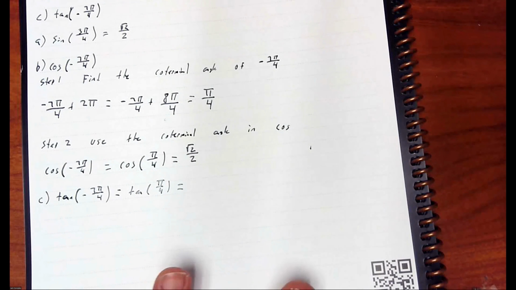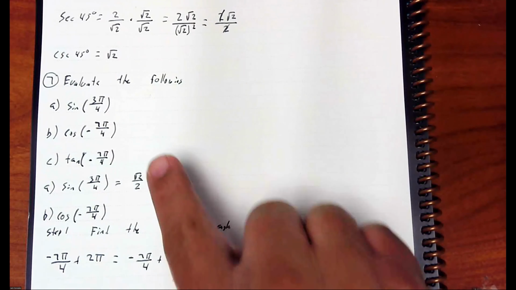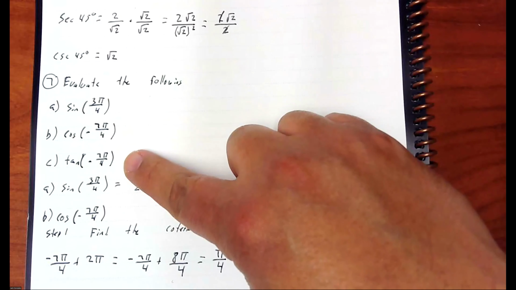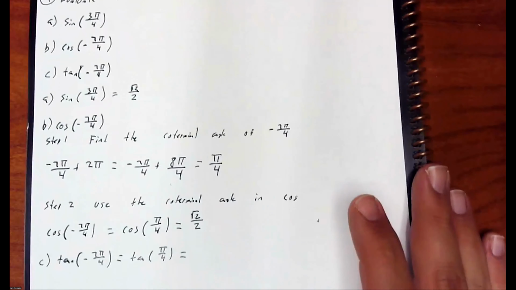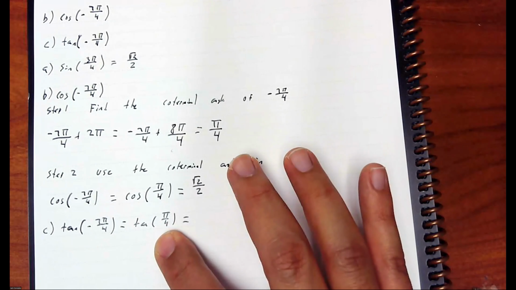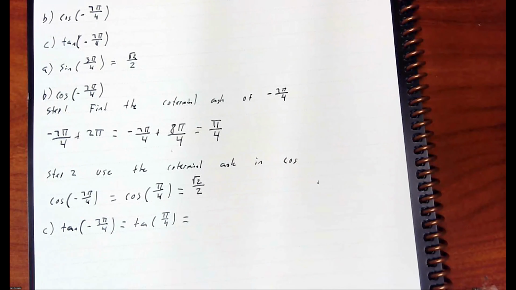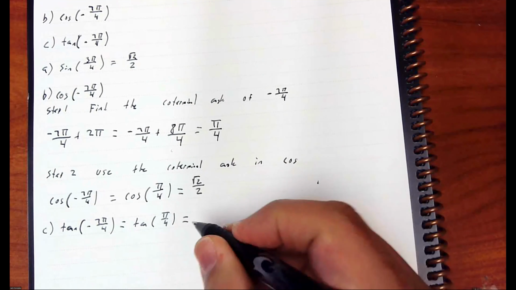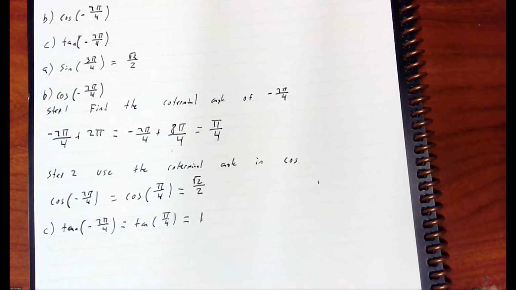Both of them were the same, 7 and 7. So since it's the same, I don't have to do the coterminal twice. What is tan of pi over 4? Yeah, just one. Nothing crazy, right?